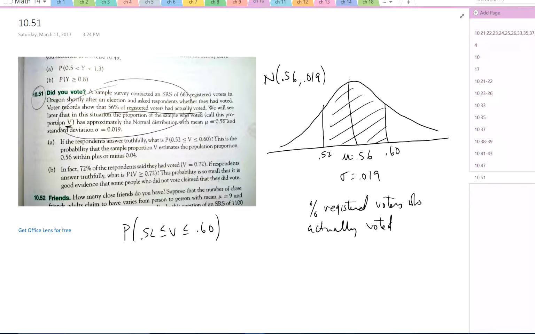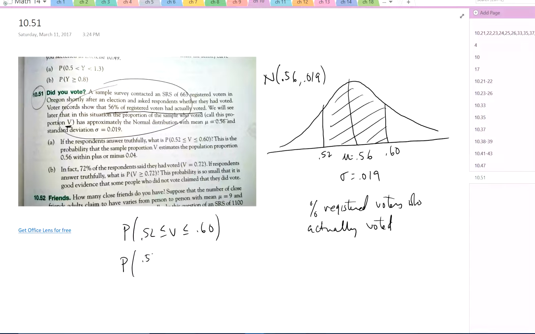This is the probability that the sample proportion V estimates the population proportion 0.56 within 4%. So 0.56 plus or minus 4%, what's the probability that we're in that range? We're going to spend a lot of time talking about this in class. So I'm going to convert this to z-scores to find that probability or that proportion.